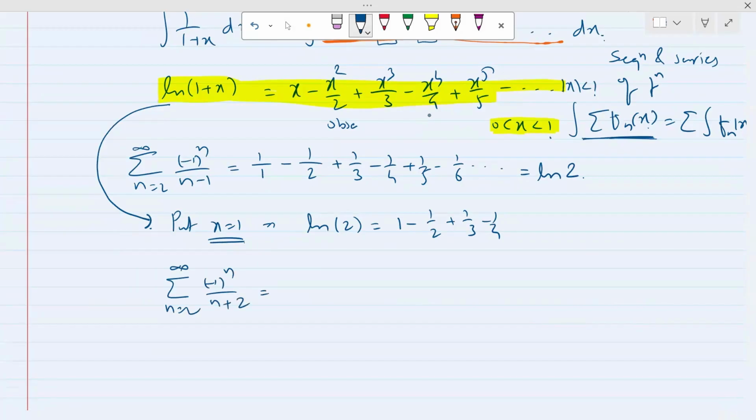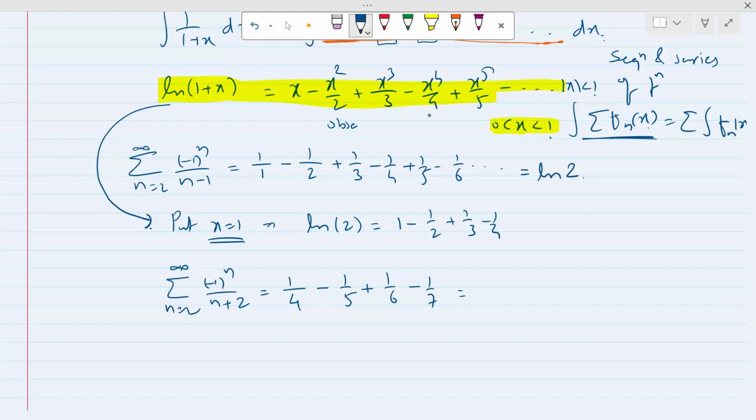So that will be nothing but, let us expand. 1 upon 2 plus 2, that is 4, minus 1 upon 5 plus 1 upon 6, minus 1 upon 7. If I use the same trick here, x equal to 1, so how much is this?